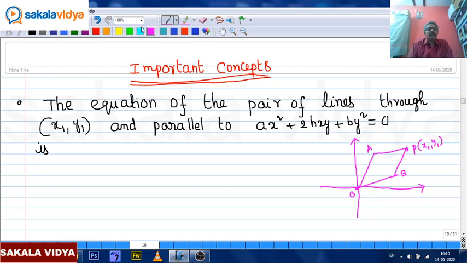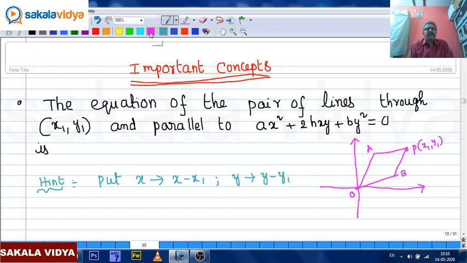So what we need to do, here is the hint: put x minus x1 in the place of x, and y minus y1 in the place of y. That's all. After simplification, you will get the answer.